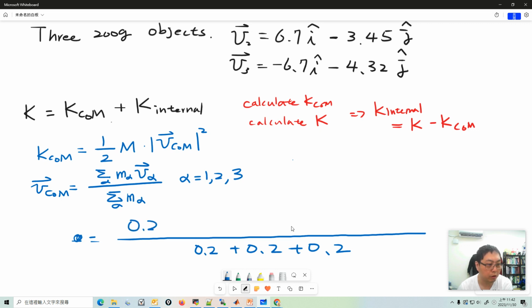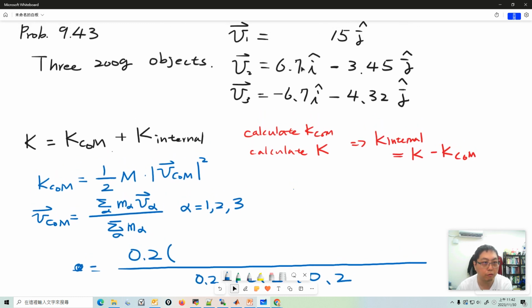The summation of m alpha v alpha is very simple. It's 0.2 times the velocity vectors of the three objects. The first velocity vector is 15J, there is no I. The second object is 0.2 times 6.7I minus 3.45J.